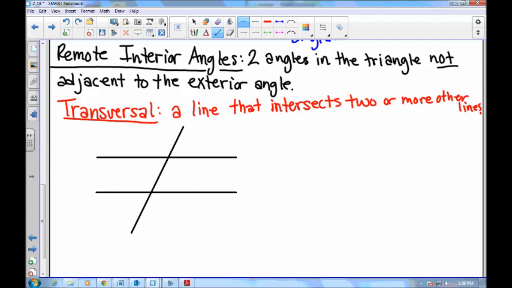Great, now I want you to count up how many angles did we create by doing that. And hold up in the air. How many angles do you see? How many angles?